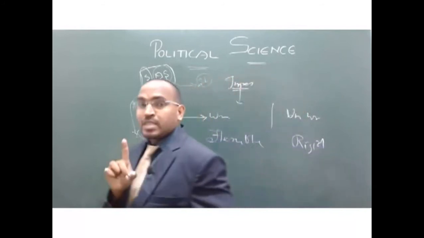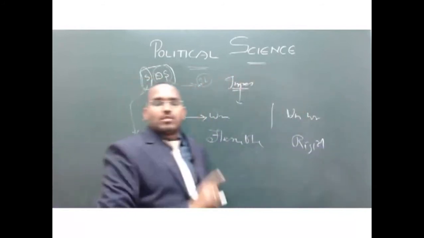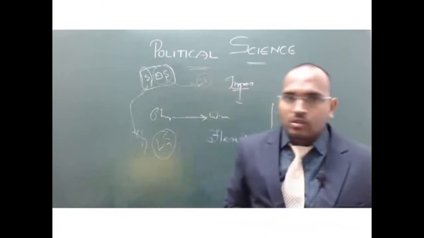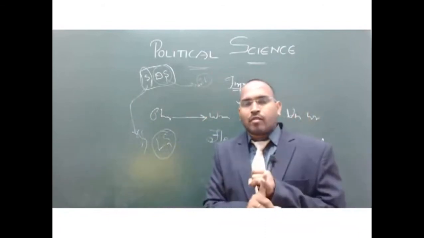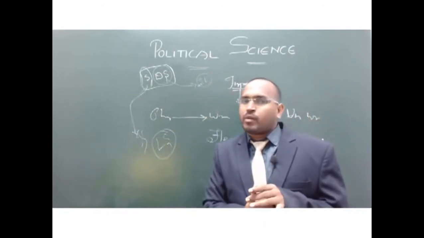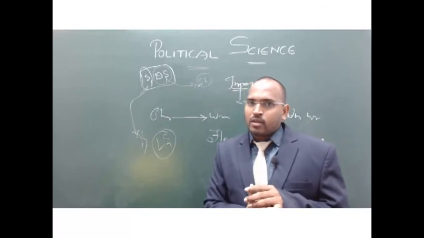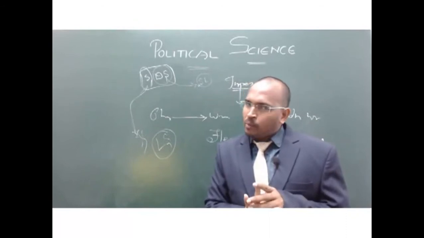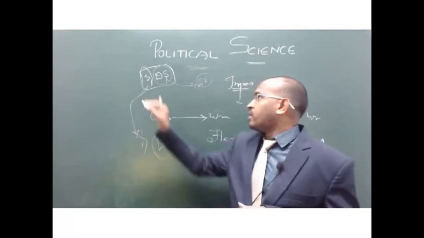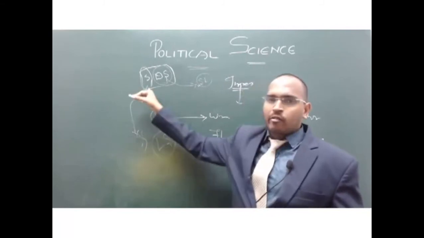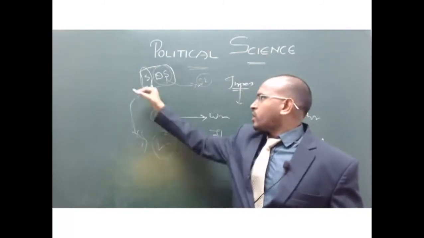The largest opposition party will be given the chance. If you observe any state government, the speaker will be from the ruling party, the deputy speaker will be from the opposition party. In the same way, in the central government, the Lok Sabha also.